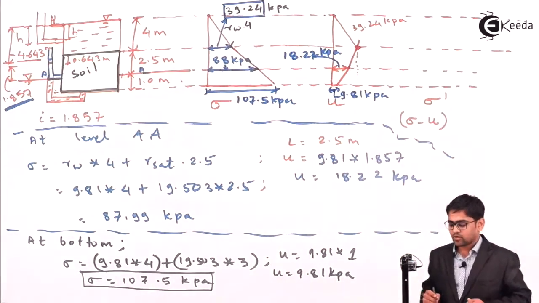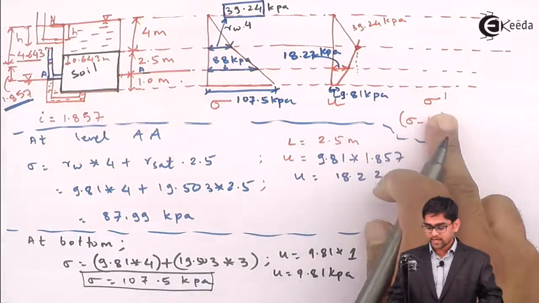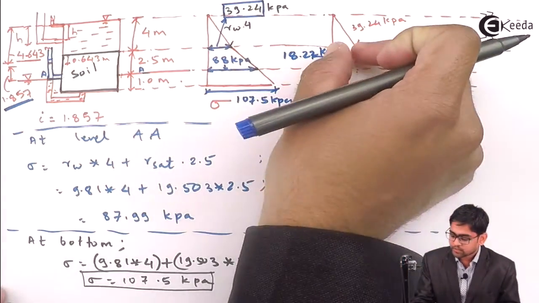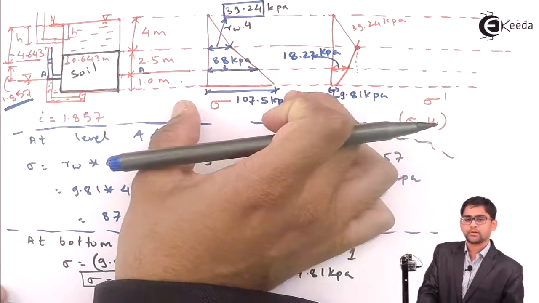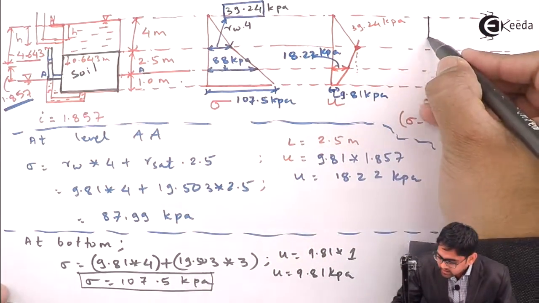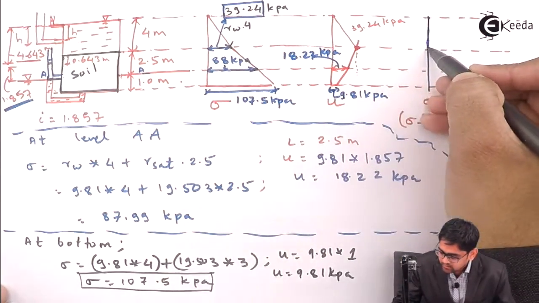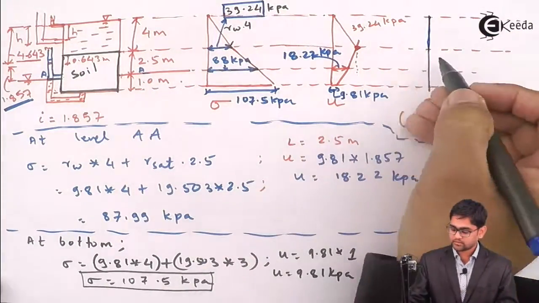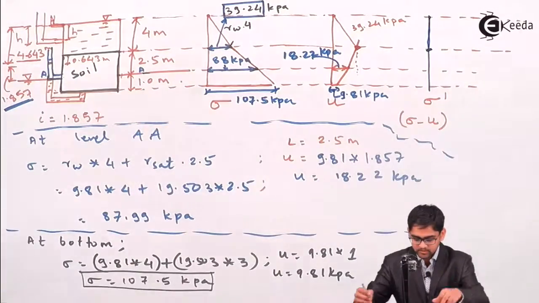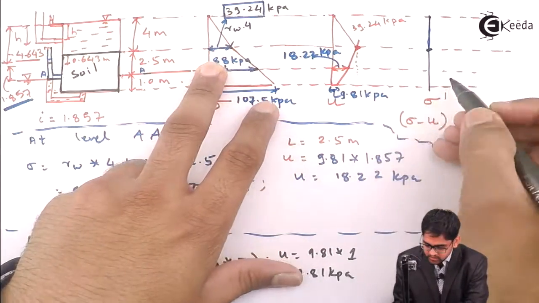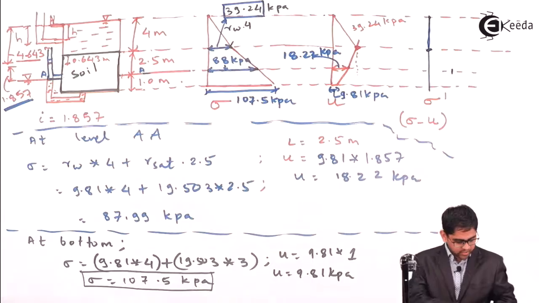And if I want to draw the effective stress diagram, you need to deduct this small triangle from this big triangle. It is very easy, just arithmetic. Since this will get balanced, the effective stress over here becomes 0. Effective stress at level 1, I need to calculate.